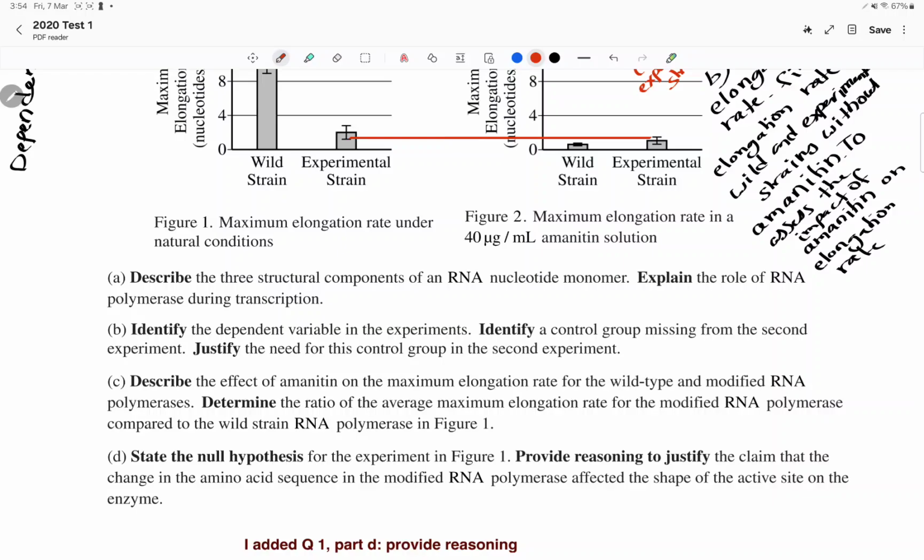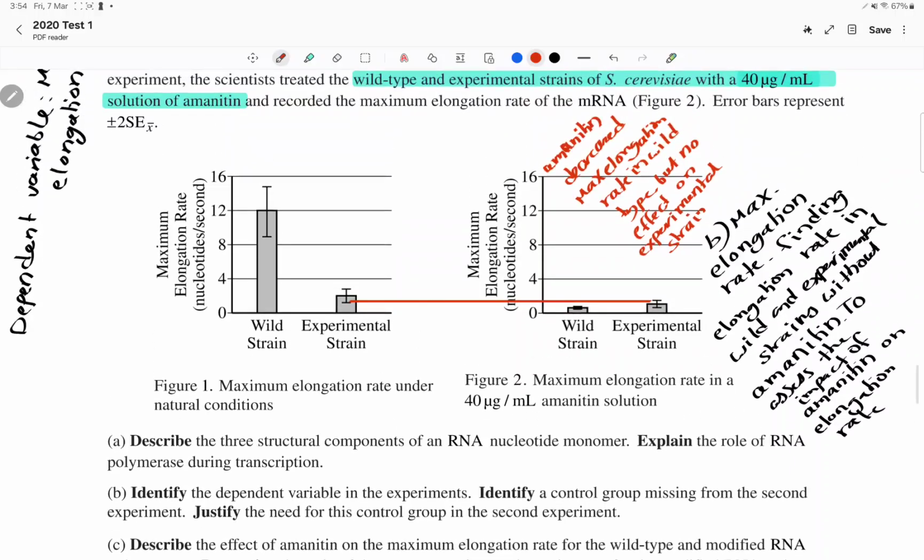So determine the ratio of the average maximum elongation rate for the modified RNA polymerase compared to the wild strain in figure 1. The modified is which one? The experimental strain, correct? How much is the y-axis here? How much is this point? Is it 3? 2 or 3. It is, I think, 2. Yeah, it's probably 2.